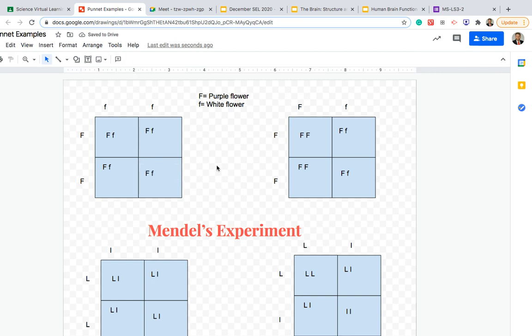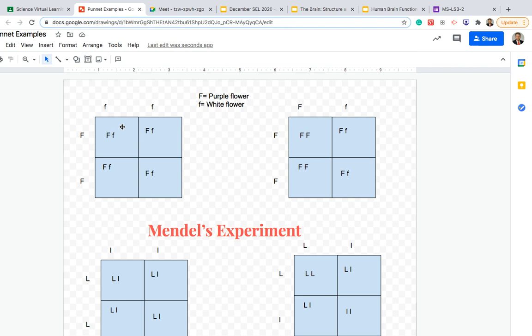And when we are looking at each of these Punnett squares, you'll notice there are 4 sections. Each section represents 1/4, which is 25% of the total. So keep in mind, if there's a capital F in any of the boxes, that dominant trait will take over because it's stronger than the recessive.